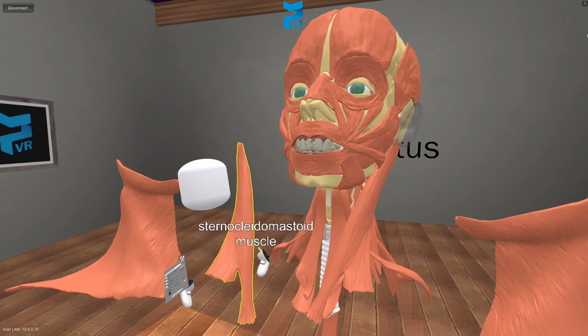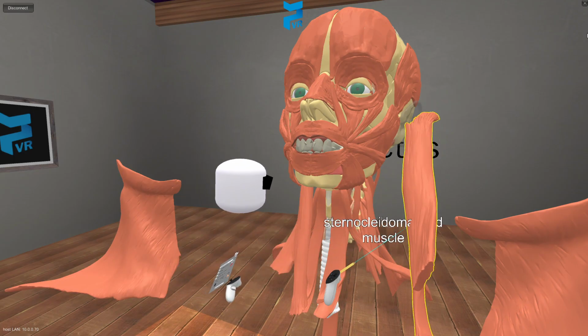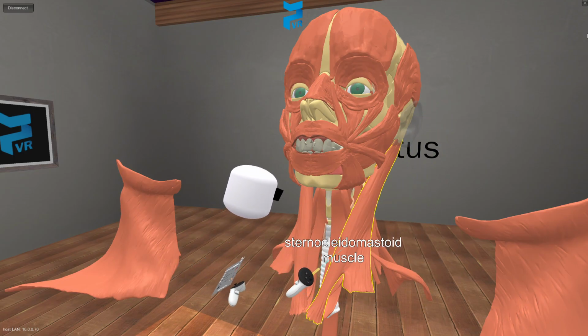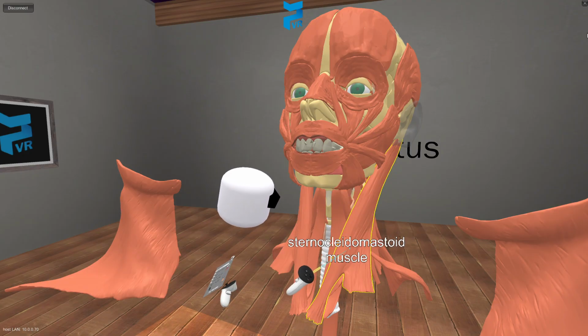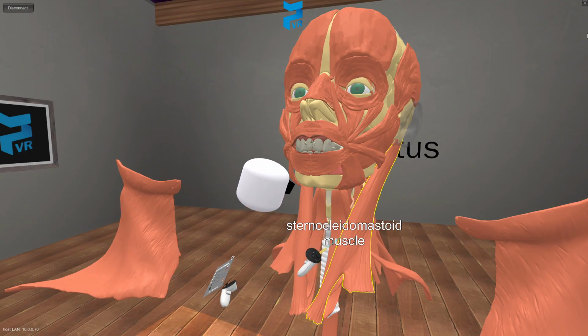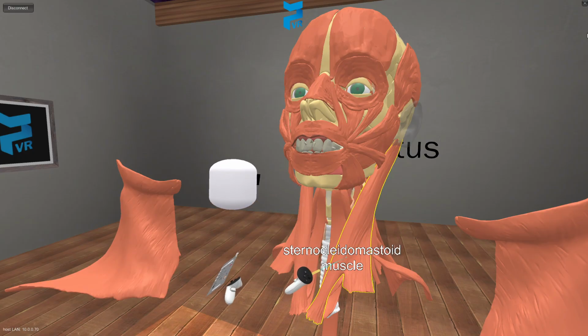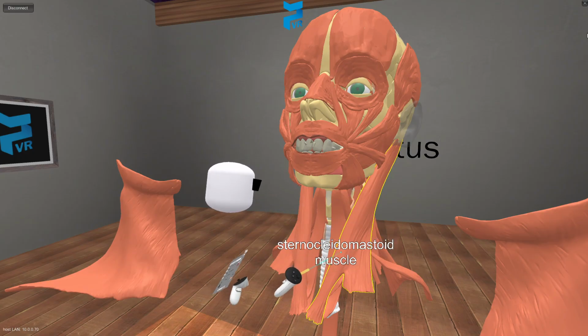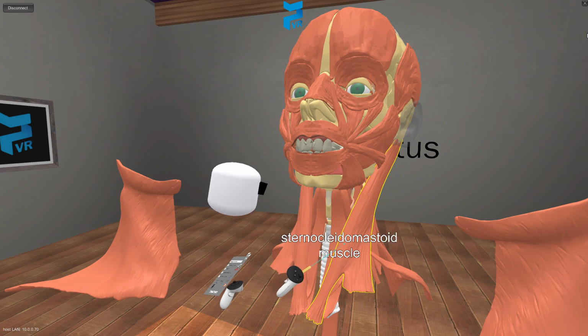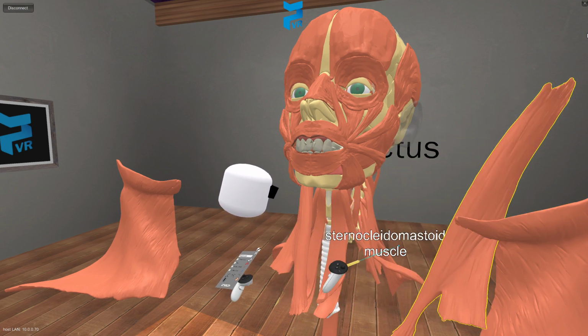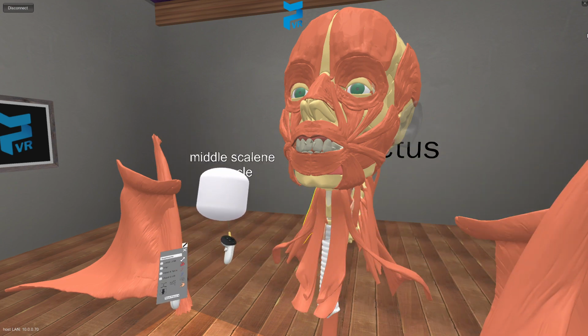This is a pretty thick muscle that helps with turning the head, a lot of movements of the neck and the head. And the other muscle that you are responsible for is the trapezius muscle. It's going to be on the superior aspect of your back, and you should be familiar with this muscle from the back unit. So let me get rid of sternocleidomastoid.